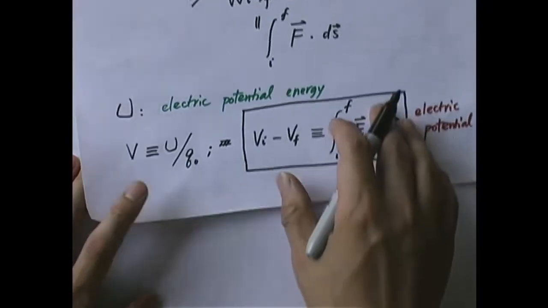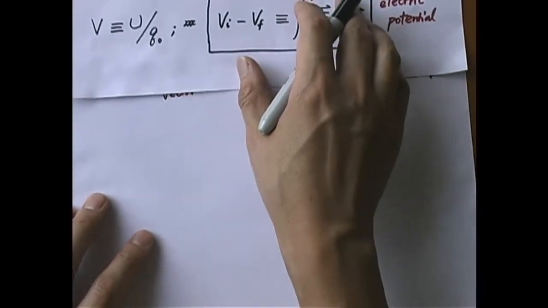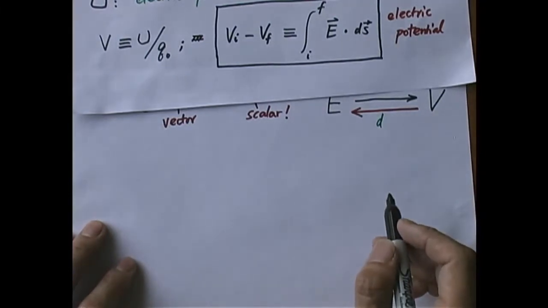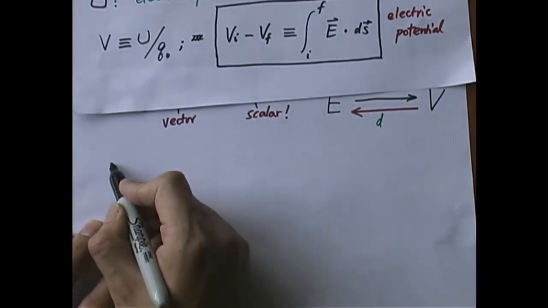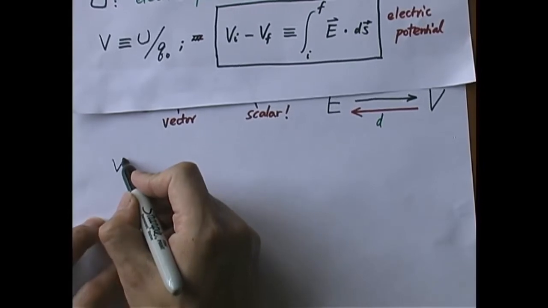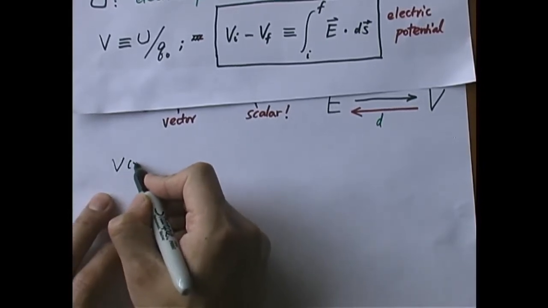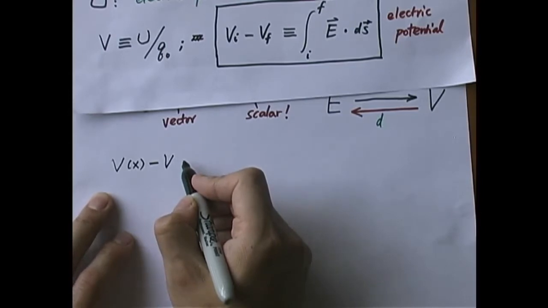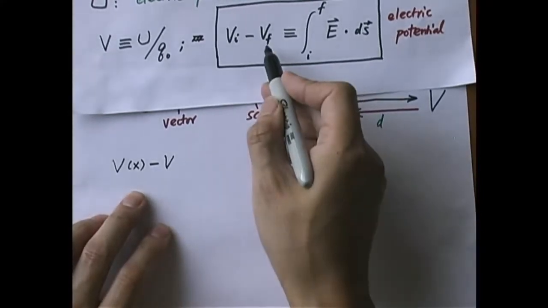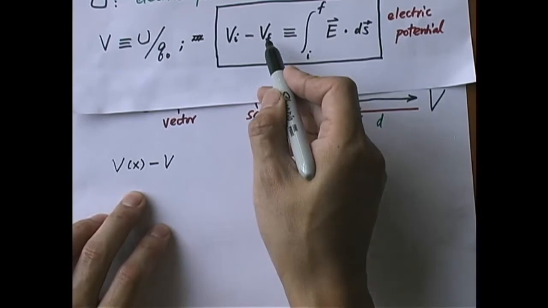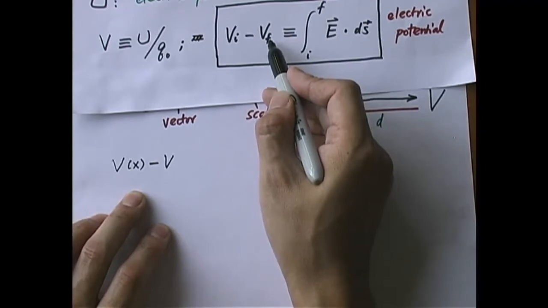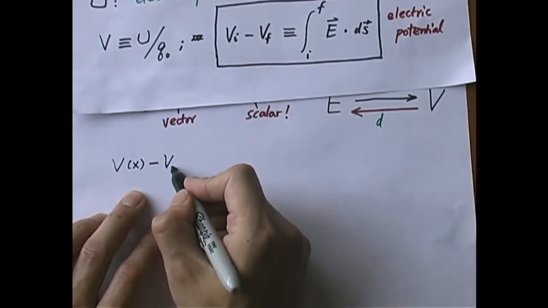If you wish to start with the one-dimensional case, I would write it as V, let's say in the x direction, V as a function of x minus V at a certain point, we call it V naught.